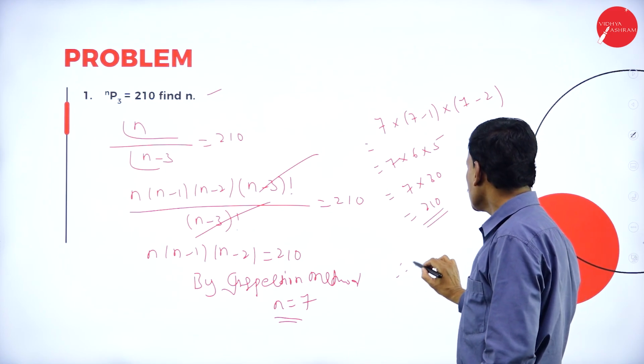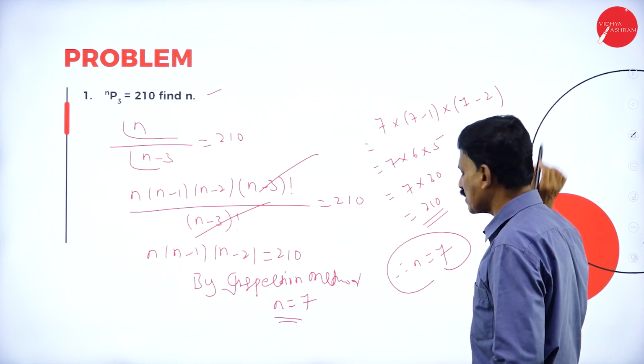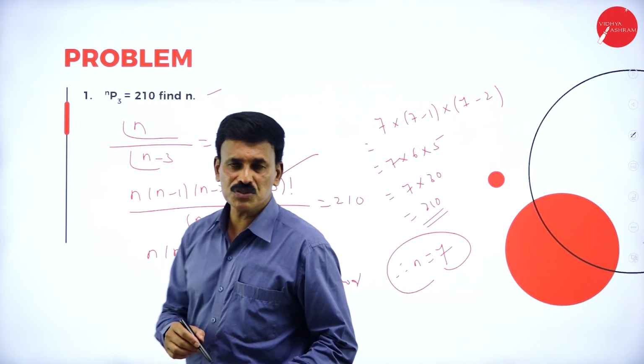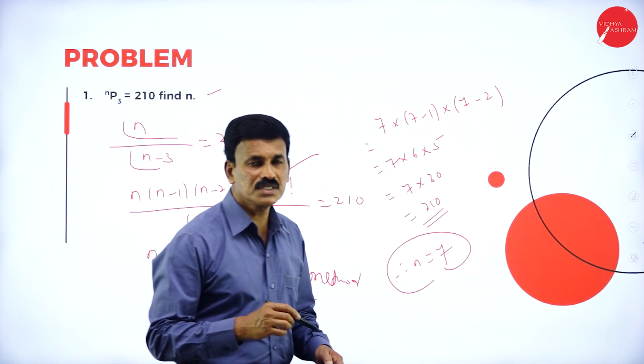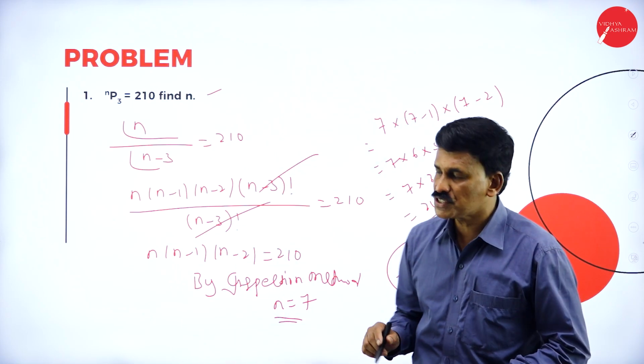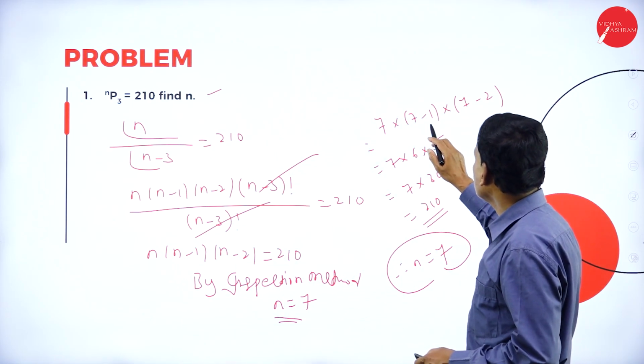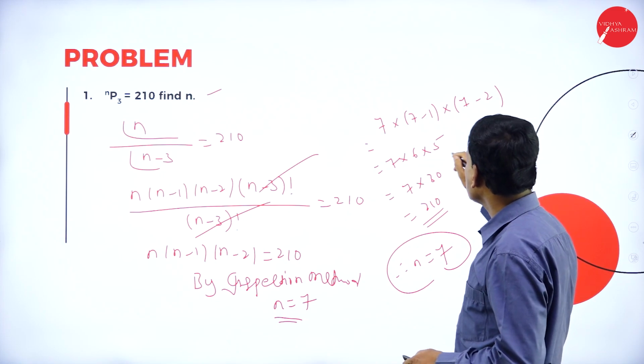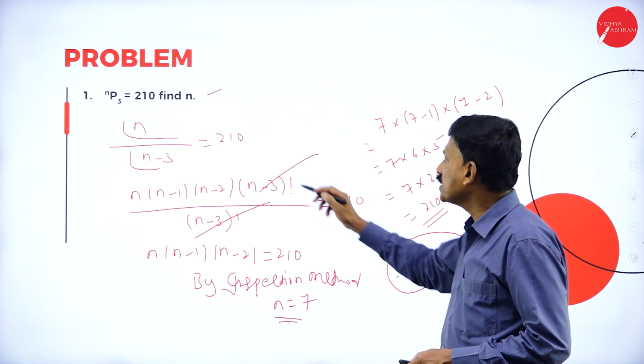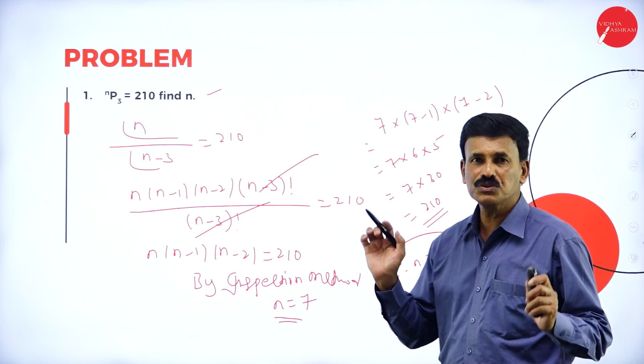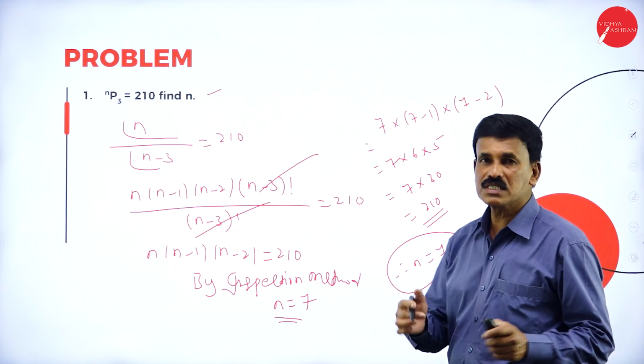So therefore the value of n is equal to 7. That's it. This is the easiest way to solve this problem. Just by the inspection method, put n is equal to 7: 7 into 6 into 5 is nothing but 210. So the value of n is equal to 7.